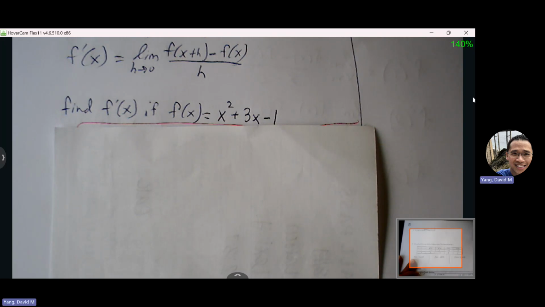Okay, so there's two definitions here. The first is the general definition. We need to make sure we memorize this.